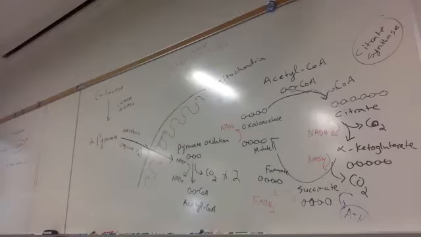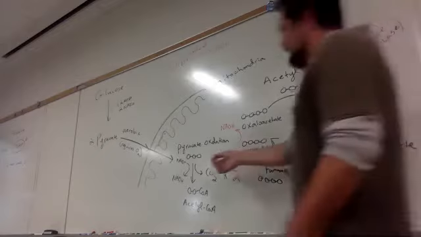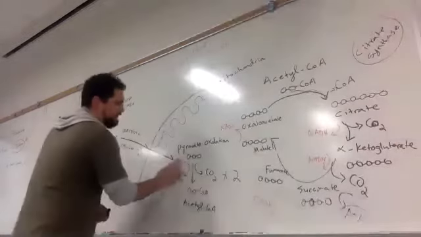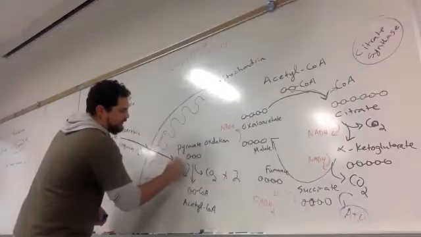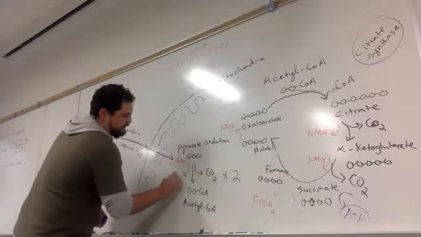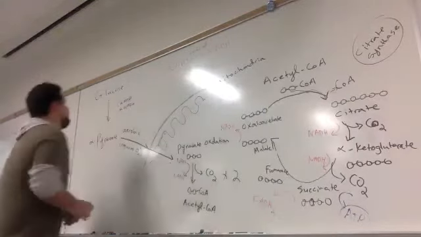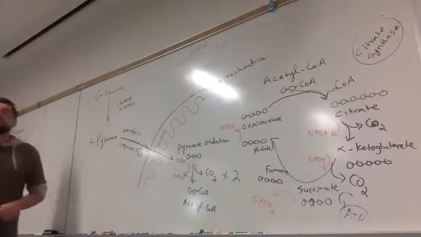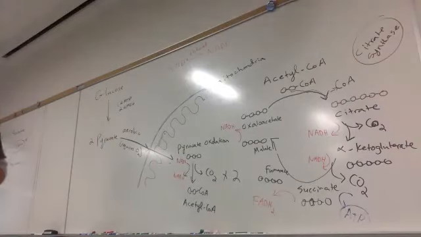Whenever we lose CO2, we also gain an NADH. Every single time. You notice that? In pyruvate oxidation, I should put this in red as well, NAD plus to NADH. For malate and oxaloacetate, do we also lose carbon dioxide?